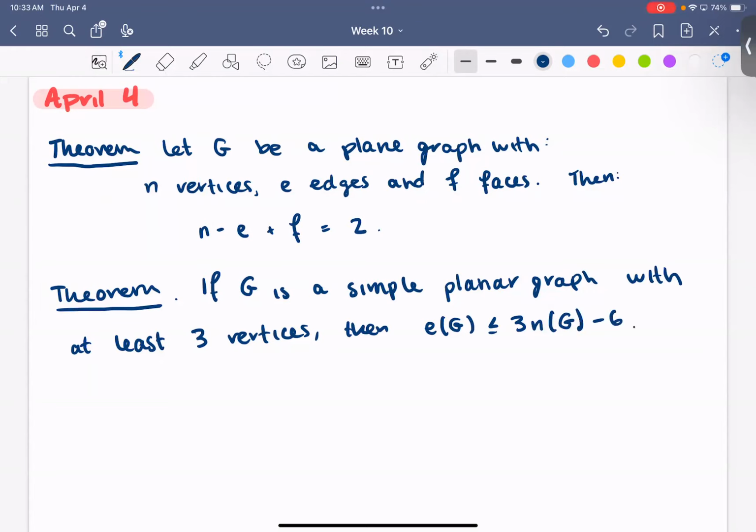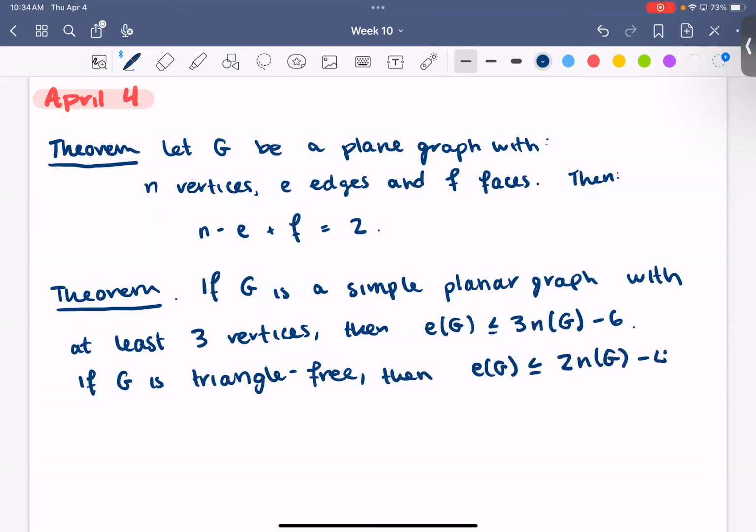And a second statement: if G is triangle free, then E of G is less than or equal to 2n of G minus 4.